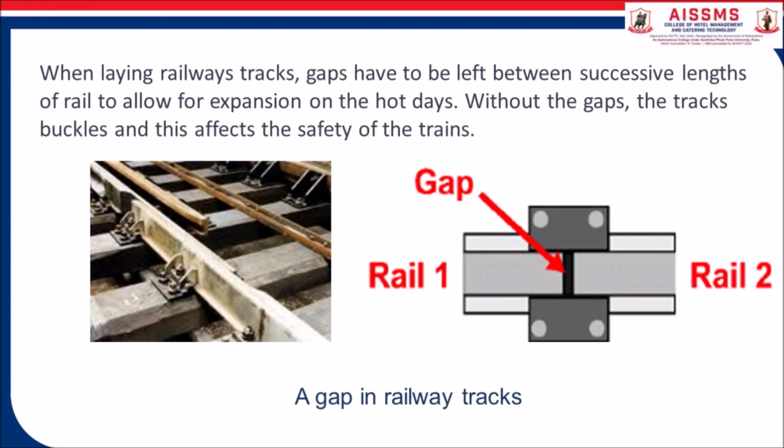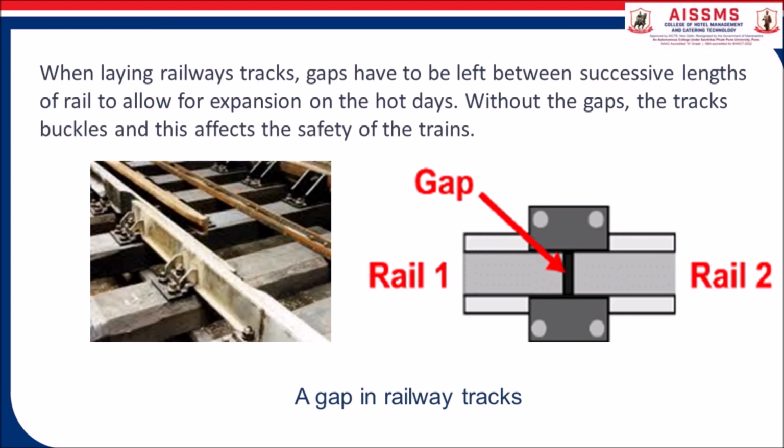Another example, a very common one, is the railway tracks. I am sure all of you have travelled by railways, and you must have seen how the tracks are attached to each other. Applying the concept of contraction and expansion here, when laying railway tracks, a gap has to be left between the successive lengths of the rail to allow expansion on hot days.